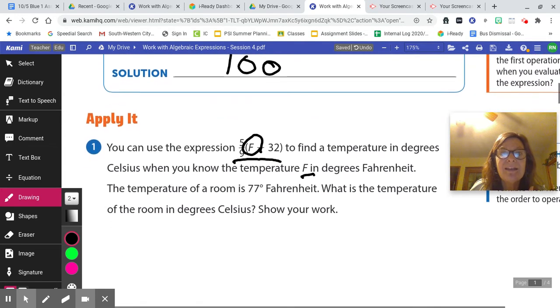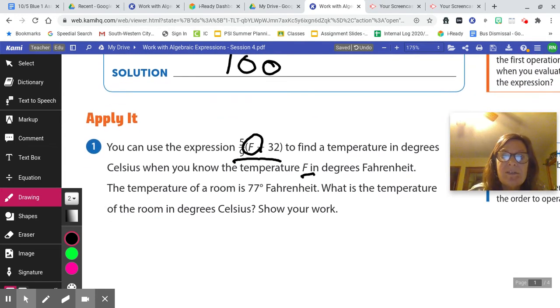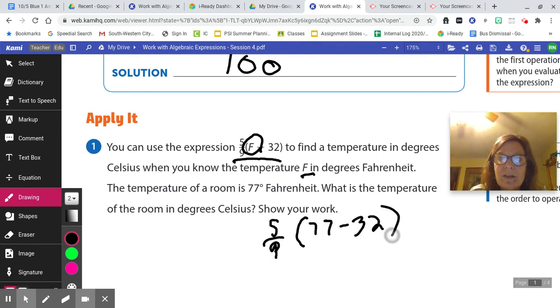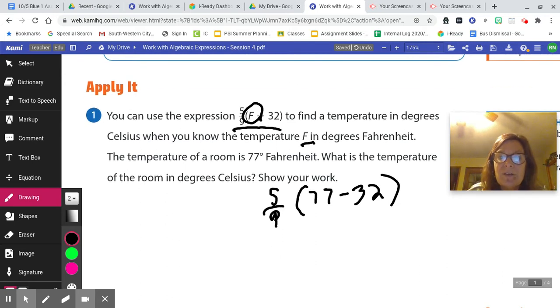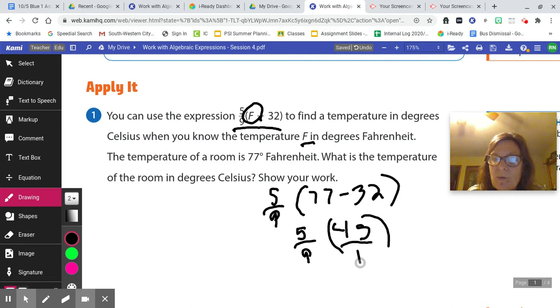And if you are back, you would have done 5/9. I rewrite it with my substitution. 77 minus 32. Solve the parentheses. If I do 77 minus 32, I'm going to get 45. Now, if I take 5/9 of 45, you can think of this as 45 over 1.